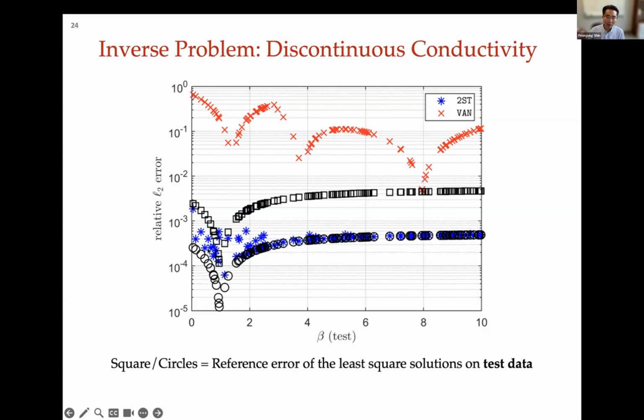On the other hand, the two-step method approximates both the trunk network and the branch network quite well compared to what's out there, the simultaneous Adam training. You see that except for the very small values here, almost optimal branch generalization is achieved, and also way better performance in learning the trunk network.